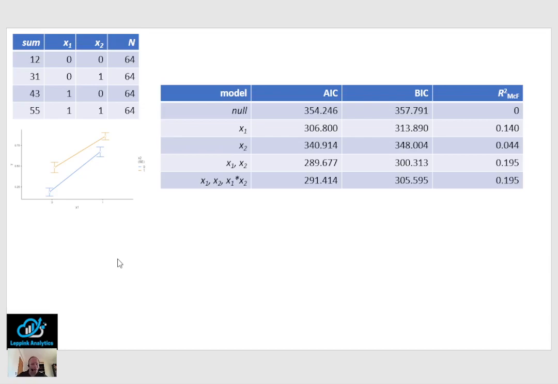Now, AIC or Akaike's information criterion and BIC or Schwarz's Bayesian information criterion are frequently used information criteria. There are plenty more, but I'm showing AIC and BIC because they are used quite frequently, and both can be used as follows.